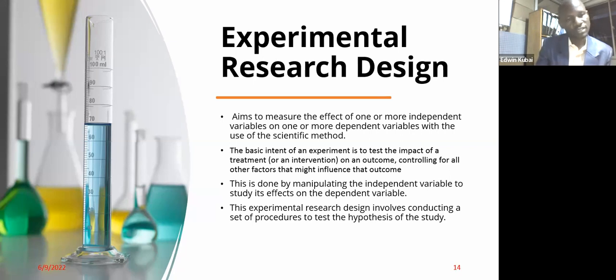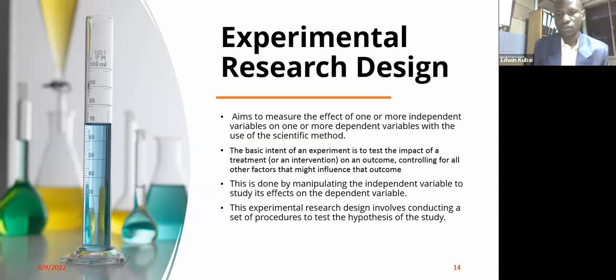There is randomization. You must ensure that the samples are randomized. So it's very significant, especially for those working in the science field. You must use this kind of research design to establish something if you are working in a science field area of specialization.